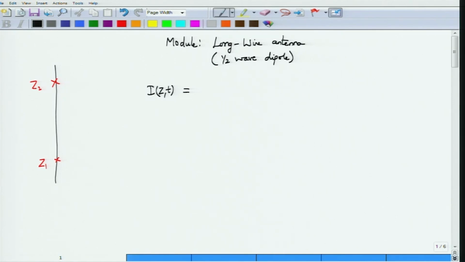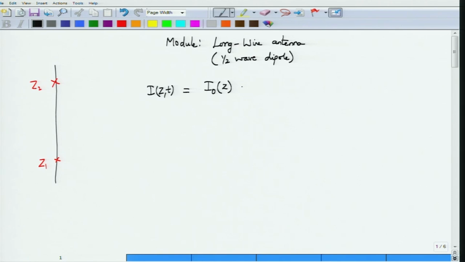So, there is a phase that you need to consider that comes simply because of the propagation effect. So, the current on the antenna must be a function of both z and t, and what we are really considering is a current wave, and we will assume one of the simplest current distributions.